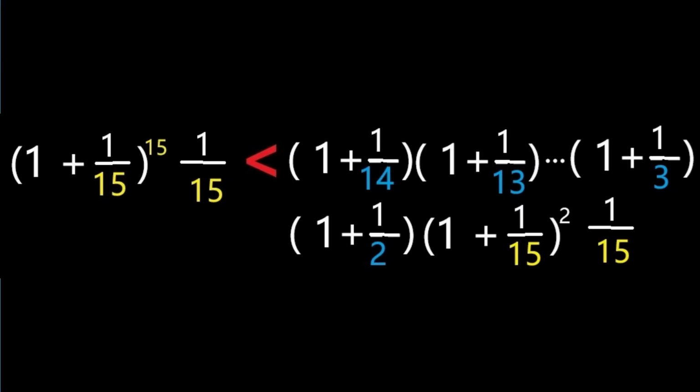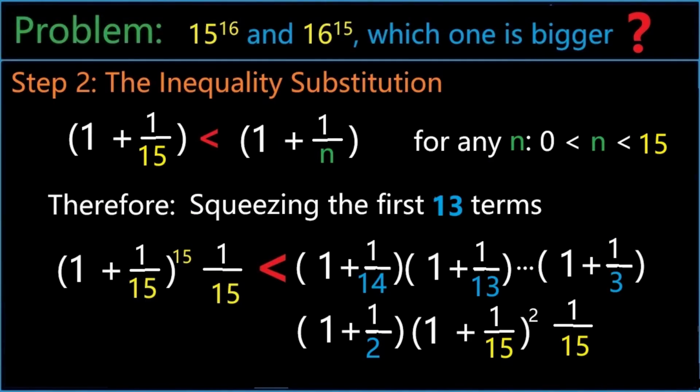That gives us this comparison. 1 plus 1/15, raised to the 15th power, times 1 over 15, is less than the product 1 plus 1/14, 1 plus 1/13, all the way down to 1 plus 1/2, times 1 plus 1/15 squared, times 1 over 15. Now we're ready to compare sizes.